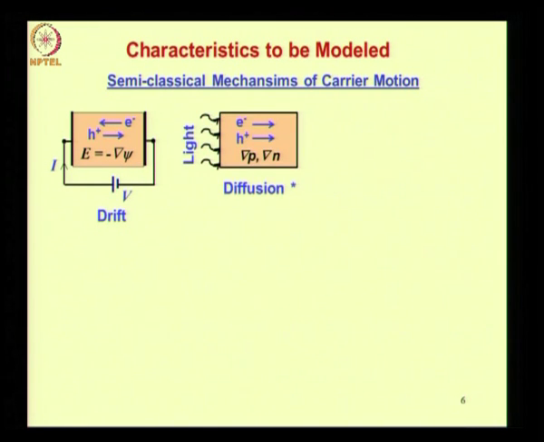The next mechanism of transport is diffusion. This slide shows a situation where diffusion current is set up. You have light falling on the left end of a semiconductor sample and that is generating excess electron hole pairs in a thin region near the left surface where the light is falling. Consequently, the electron and hole concentrations are raised at the surface as compared to the bulk.